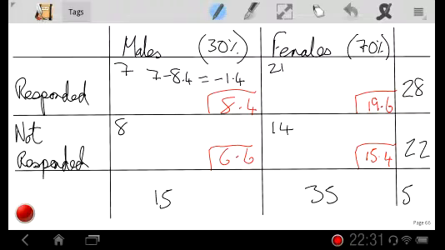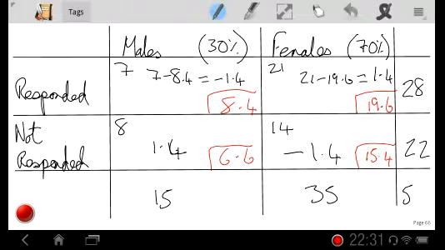Here it's going to be 21 take away 19.6. That's going to be plus 1.4, isn't it? So you can see that in each box we're going to have a difference of 1.4. That's going to be plus 1.4 there, this is going to be minus 1.4 here.